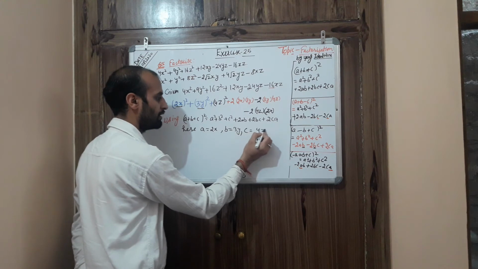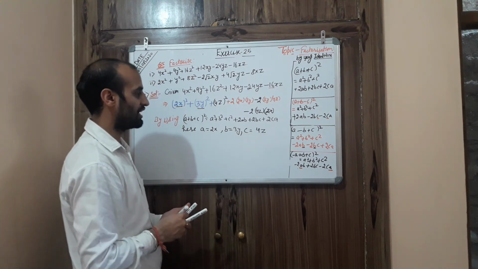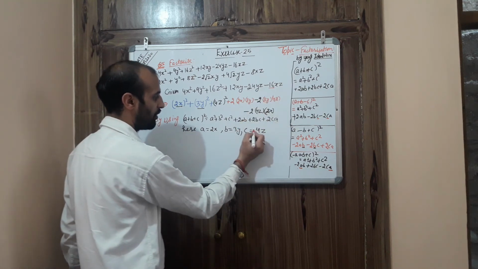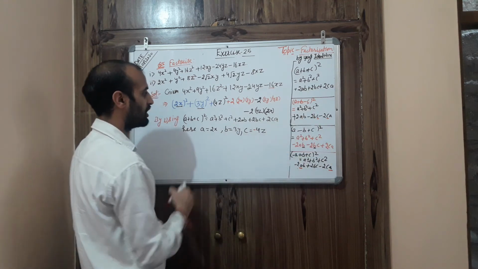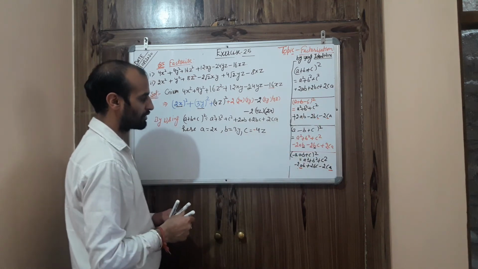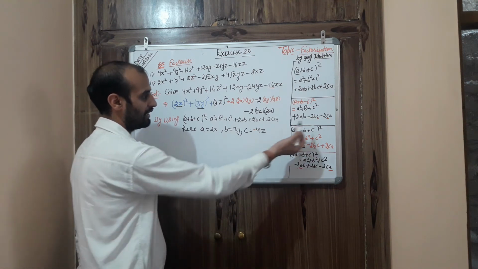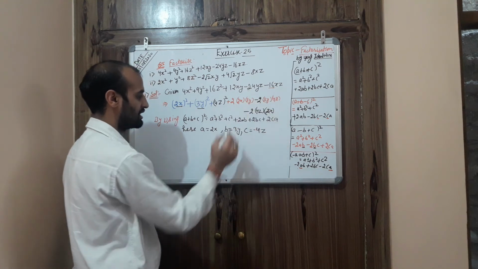That is 4z. But this 4z is with which sign? It is with the negative sign. This is an important thing to understand: which part is negative? That is minus of 4z whole square. How do I come to know? As I told you, if the last two terms are negative, you can write it in this form.